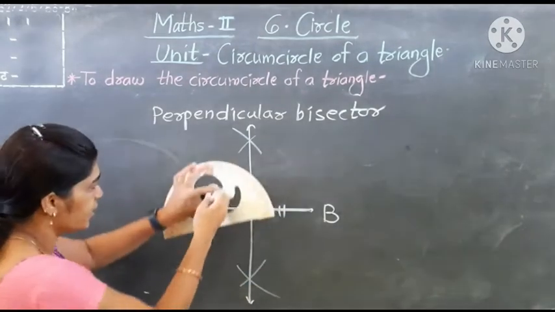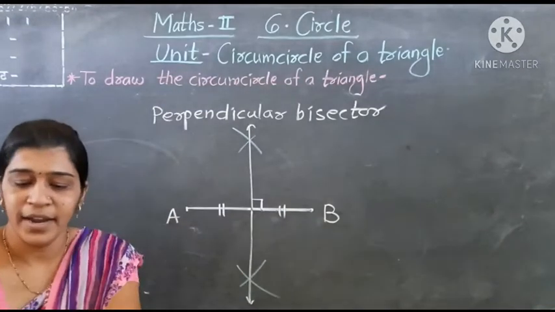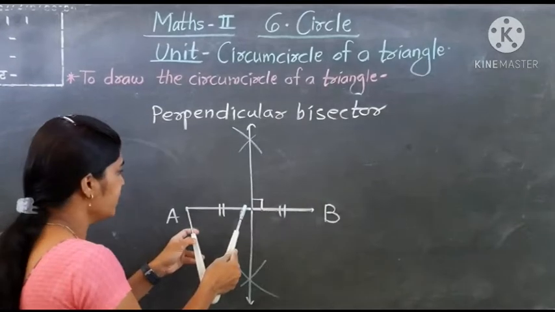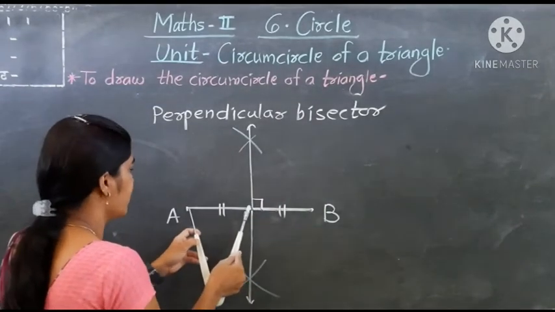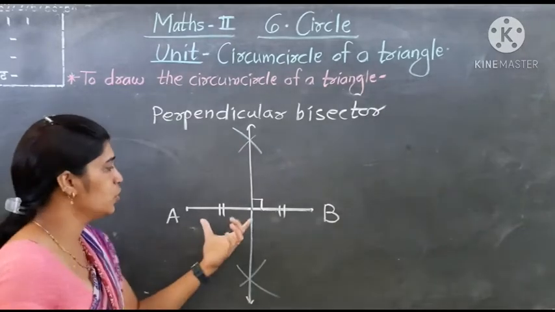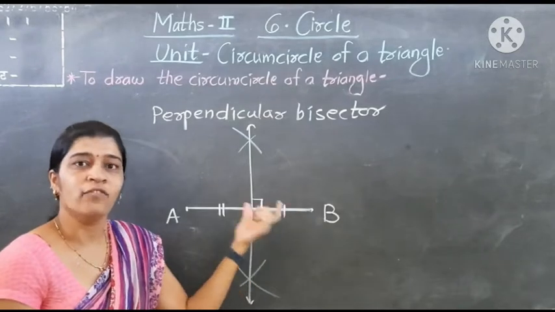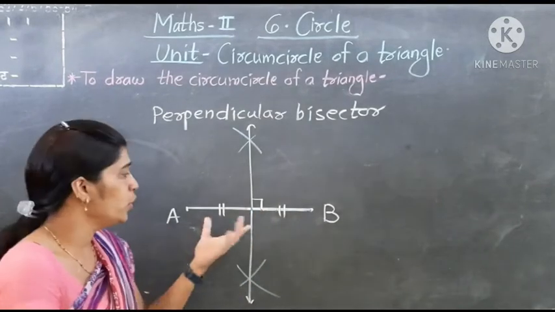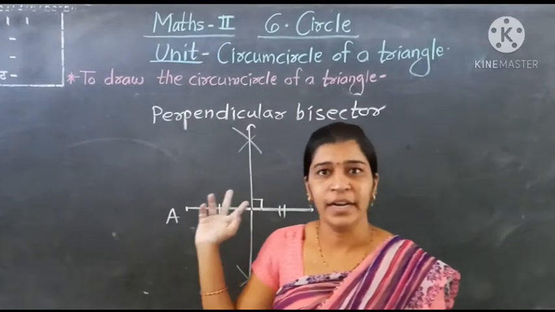Check it here: it is perpendicular, 90 degree, and check that these two distances are the same. So this is the perpendicular bisector of the line segment. We use this for drawing the circumcircle of a triangle.